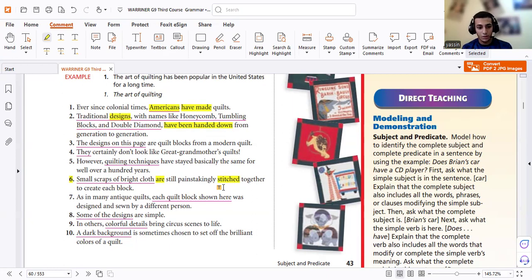Cloth. Yeah, cloth. Sure, it's either cloth or scraps. Yeah, I will go with cloth.